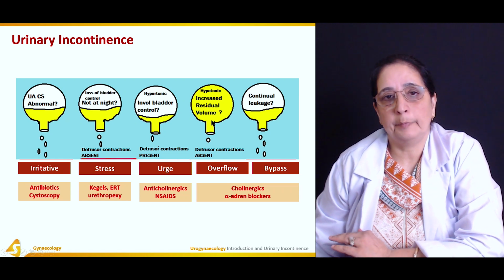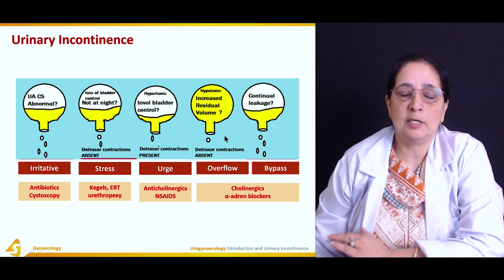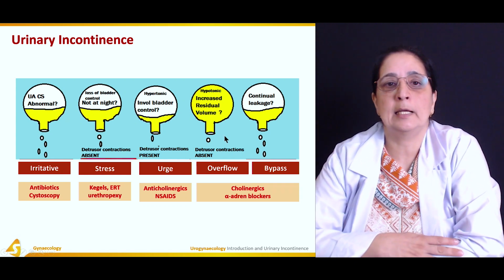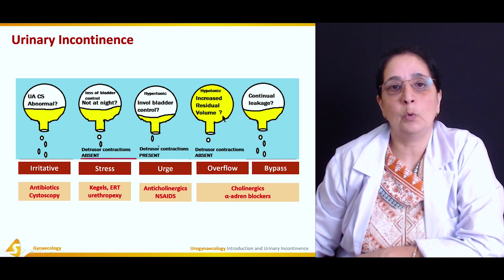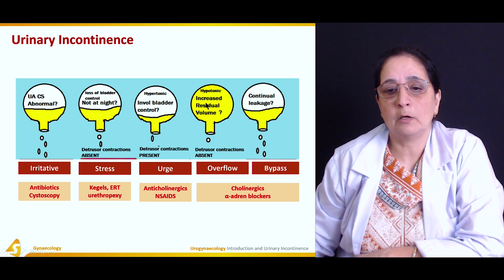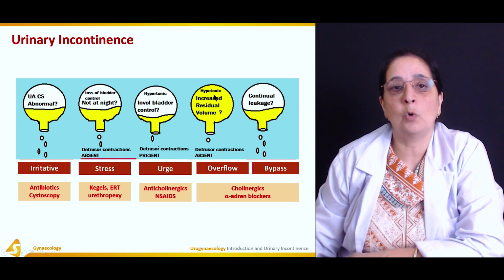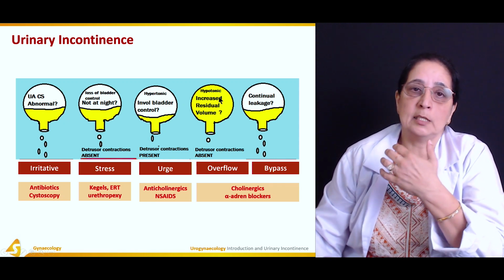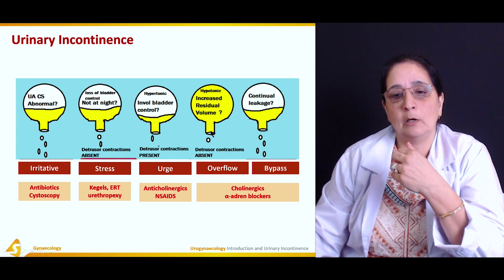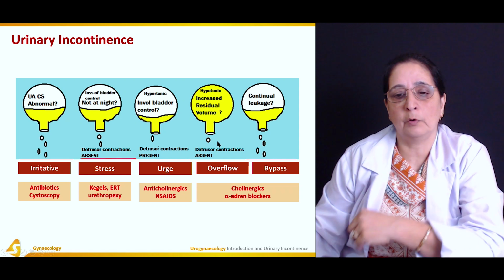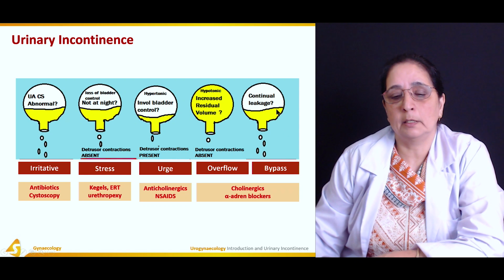Once the patient urinates or micturates in this type, a lot of urine is left behind. Here if you see, the bladder is still filled with urine and there is a lot of residual urine after micturition. So that's overflow. The bladder is so full of urine that there is dribbling of the urine.